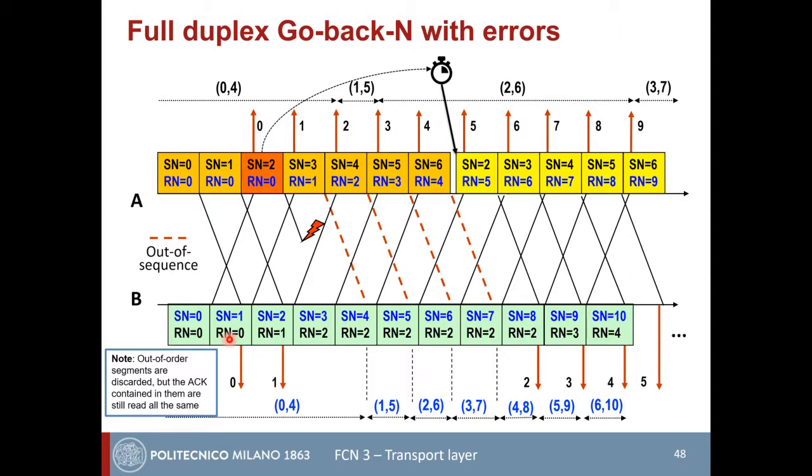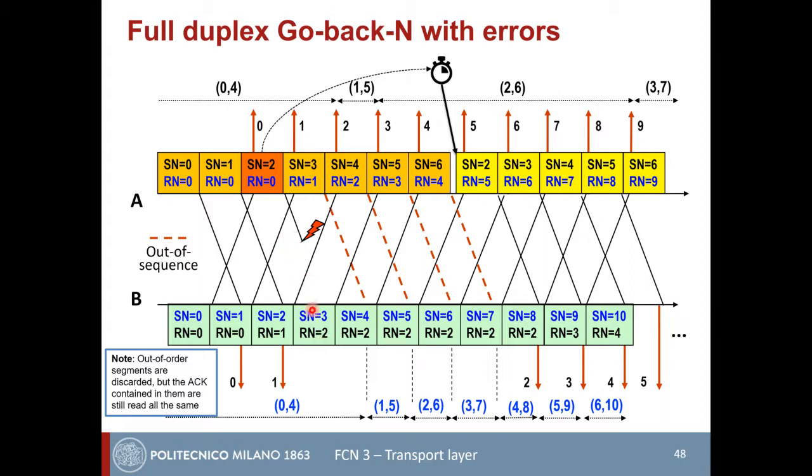This is in the first 2 packets. Then in the third packet that B sends to A, the first packet of A has already been received correctly, so Rn is equal to 1. Then when B also receives from A the frame with Sn equal to 1 correctly, Rn becomes equal to 2. That means I am waiting for packet number 2.